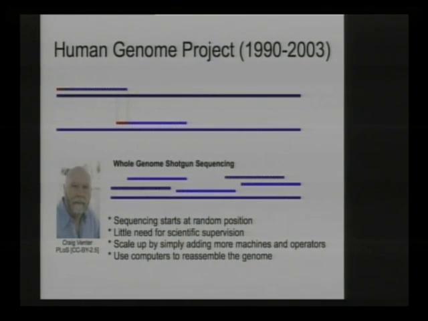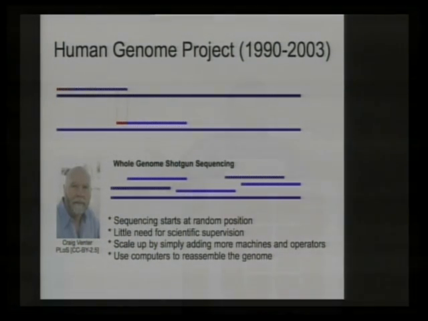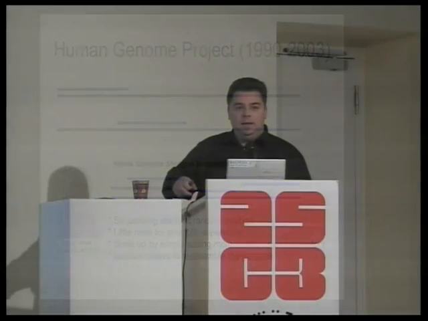This means, first, there's little need for scientific supervision, so you can have some guy who basically reloads the machine, presses a button, and it produces another of these fragments, and then that gets stored, and then you do this again and again. And this scales up rather nicely, because you add more machines, you add more people who operate the machines, and you just scale up.